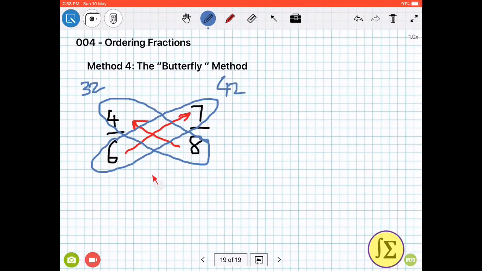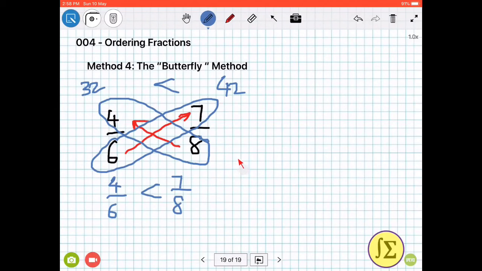So to determine the larger fraction, all you have to do is compare these two products. Okay, so 32 is smaller than 42. That means 4 over 6 is smaller than 7 over 8.